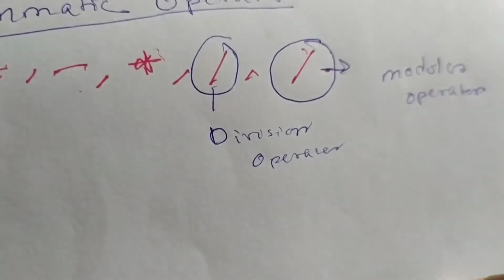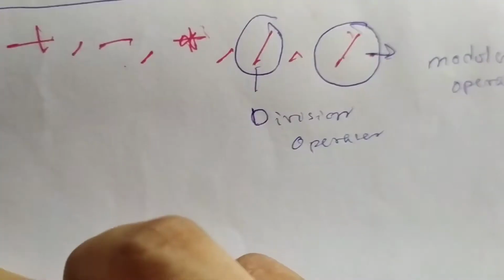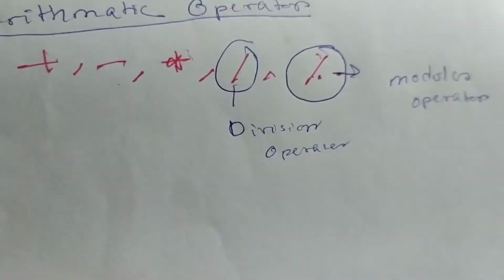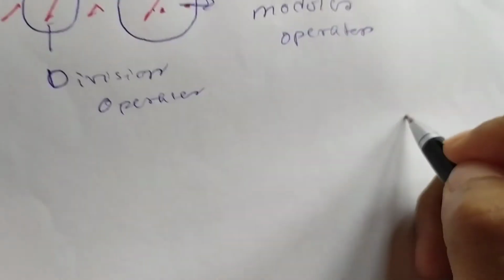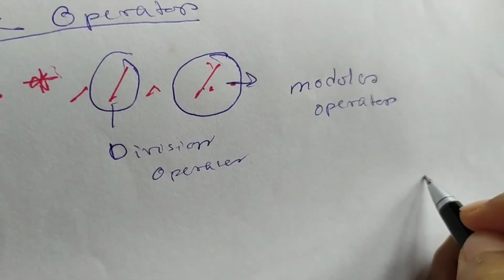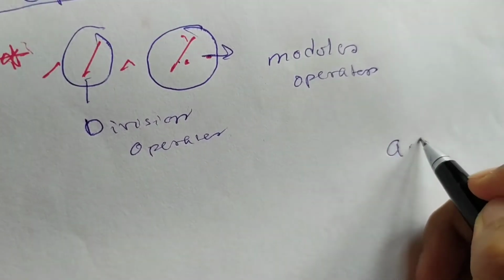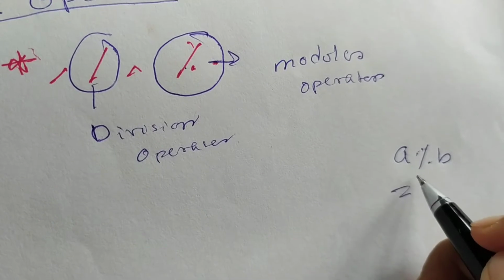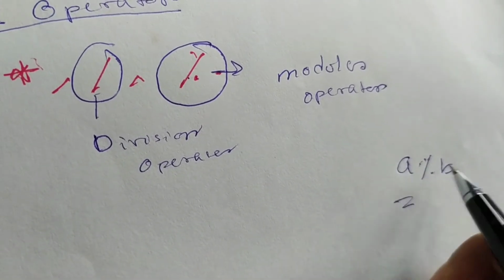Modulus operators are those operators that give the remainder value. Suppose we are using the modulus operator between two numbers, a mod b. Then the value will be the remainder after dividing a by b.